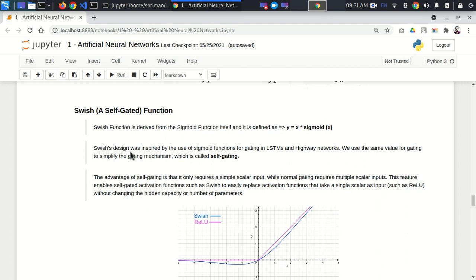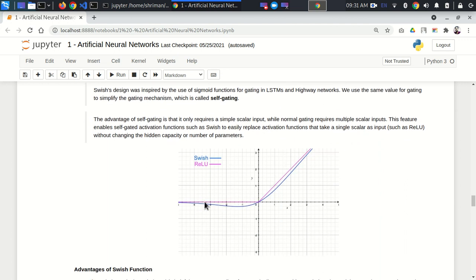And this Swish design was inspired by the use of the sigmoid function for gating in LSTM. So whenever we study RNNs, recurrent neural networks, there is the LSTM architecture, and for LSTMs and highway networks we are going to use this kind of Swish function in maybe their dense layers. So for different purposes, people have defined different kinds of activation functions.